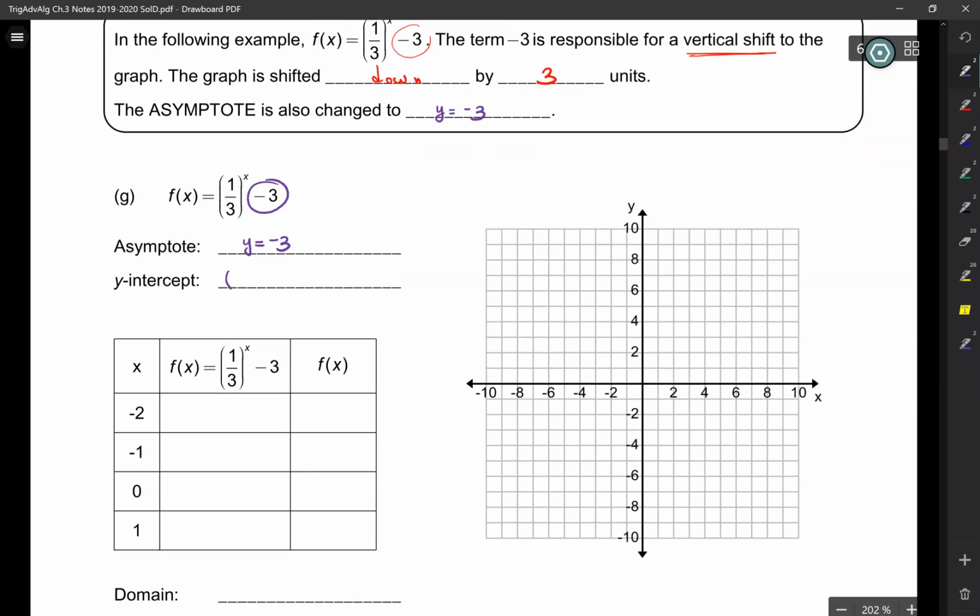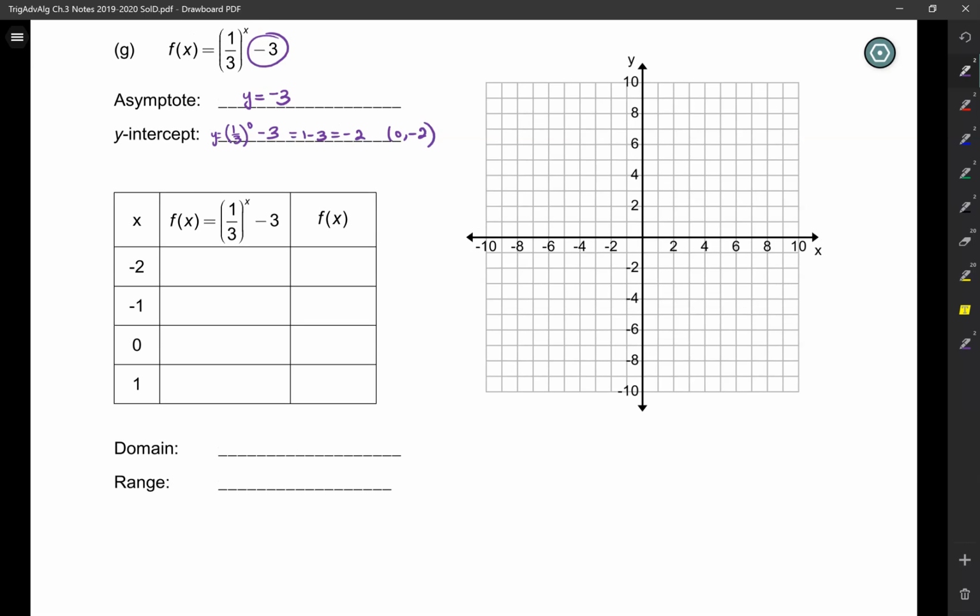The y-intercept: y equals 1/3 to the 0 minus 3, negative 2. Alright, so here we're going to have 1 over 3 to the negative 2 minus 3. What's 1 over 3 to the negative 2? 9 minus 3, 6.